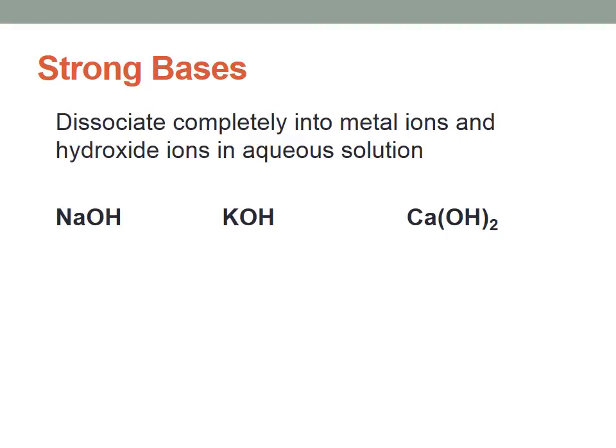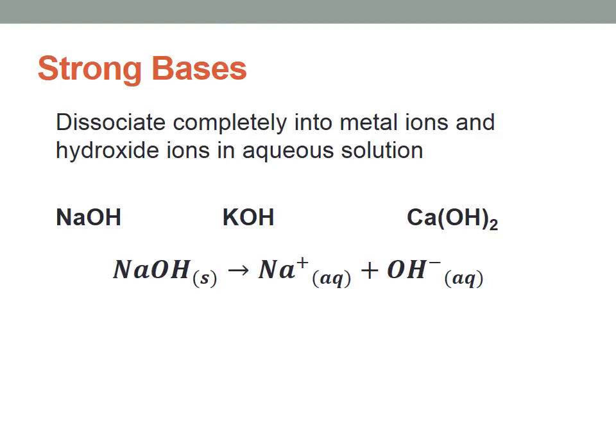Strong bases. Just like strong acids, strong bases completely dissociate in aqueous solution. And they dissociate to produce metal ions and the hydroxide ion. So for example, if we had sodium hydroxide dissociating, it gives us the metal ion sodium and our hydroxide ion.